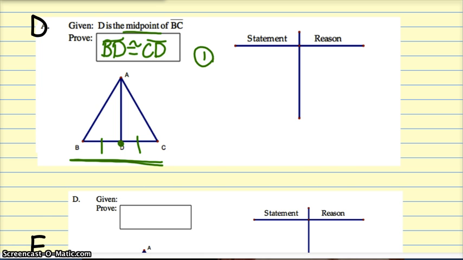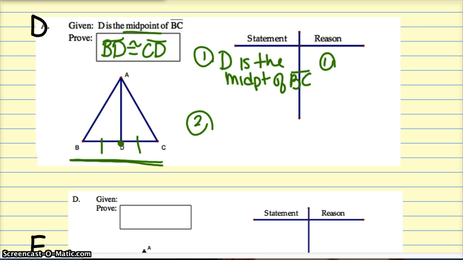Mini proofs are mini because there's not many steps. If you can get that far, then it's just a matter of putting it into words. First thing, D is the midpoint. Well, it was given to me. We know that because D is the midpoint, these two segments are congruent.